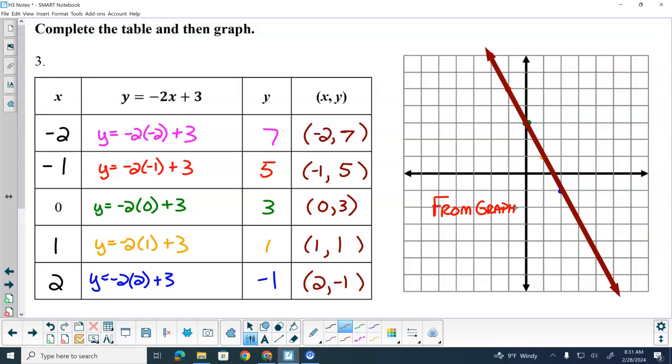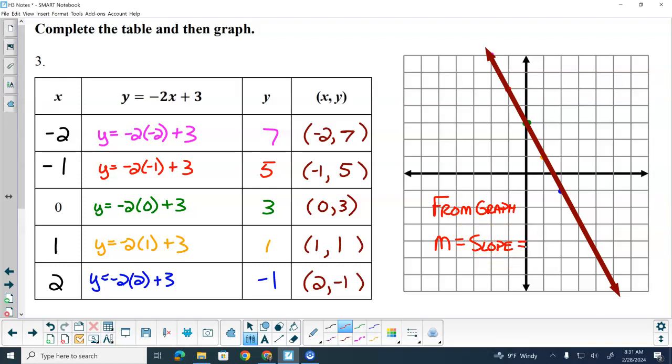Or what letter slope is? Anybody? M. Yep, it's the letter M. So from the graph, our slope, M, is rise over run, right?